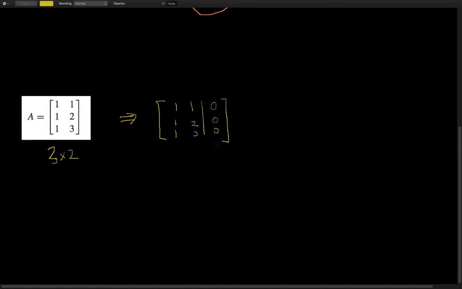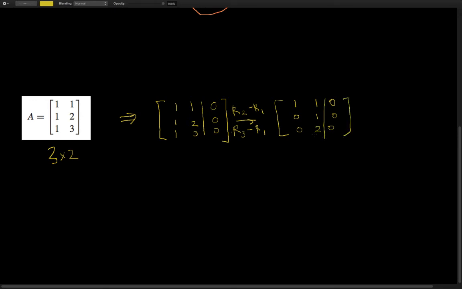And then we're going to subtract R1 from R2 and R3. So R2 minus R1, R3 minus R1. And we're going to get this matrix right here, 1, 0, 0, 0, 1, 0, 0, 2, 0.